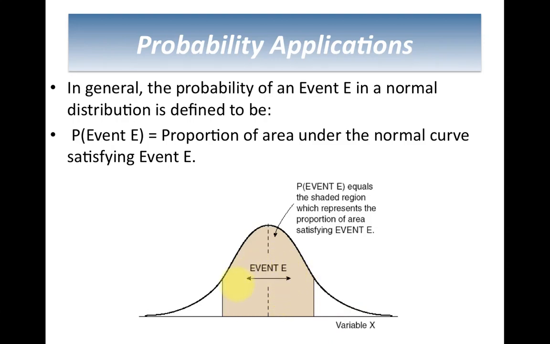Hypothetically, the probability of finding a person with a height between 60 and 66 inches would be found by looking at the area here under the bell curve. This area would represent the probability that a person chosen at random has a height between 60 and 66 inches.